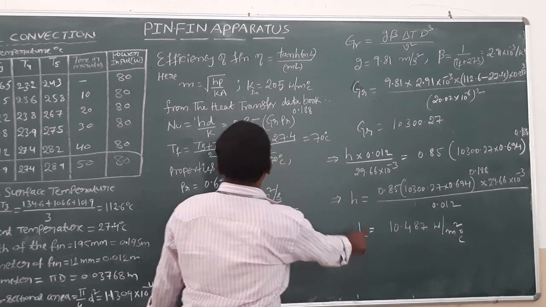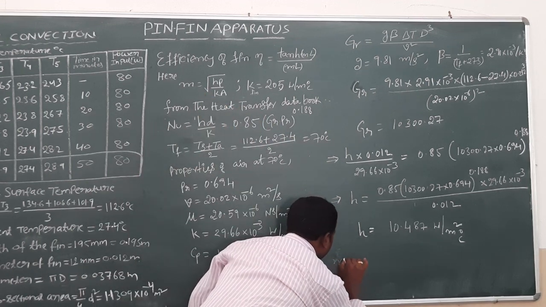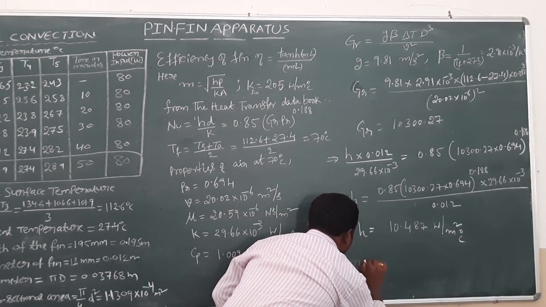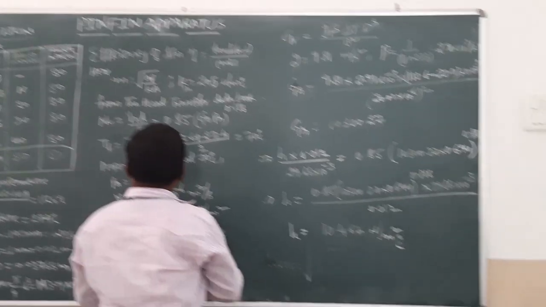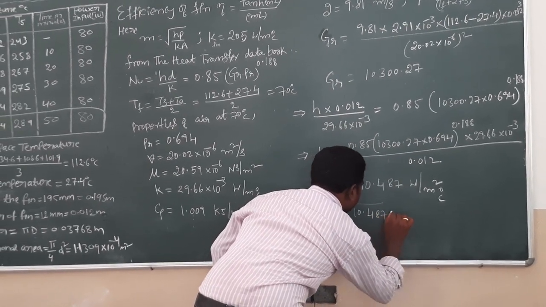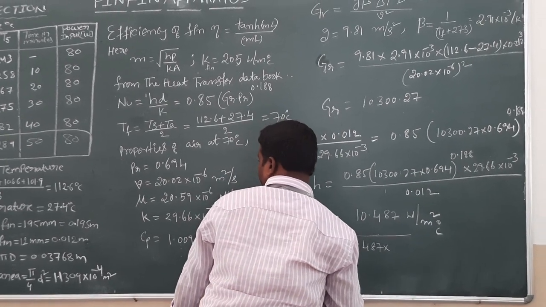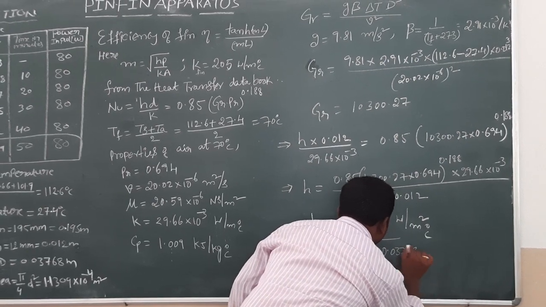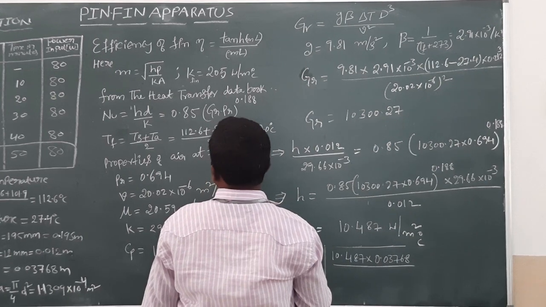Substitute the h value in this equation, and we will get the m value here. m equal to square root of h into perimeter, P is 0.03768, divided by k, thermal conductivity.